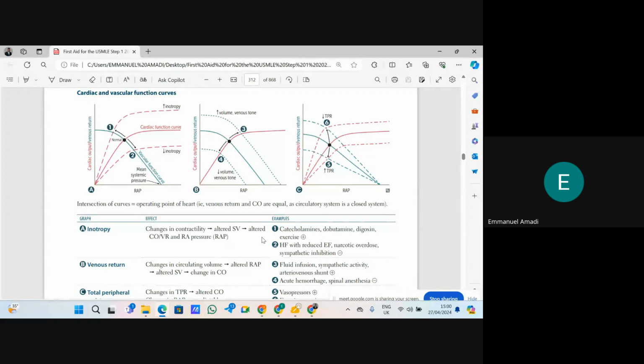Then arteriovenous shunt. Arteriovenous shunt is when you're moving blood directly from the artery to the vein, bypassing the capillaries. Now, when blood moves from the arteries and gets to the capillaries, some of that blood will leak out as fluid. So the blood that gets to the vein is a little bit reduced.